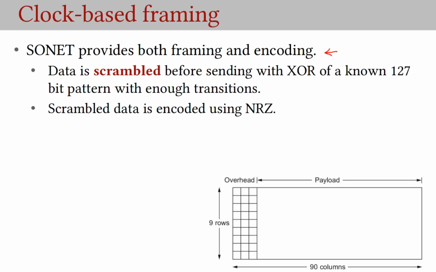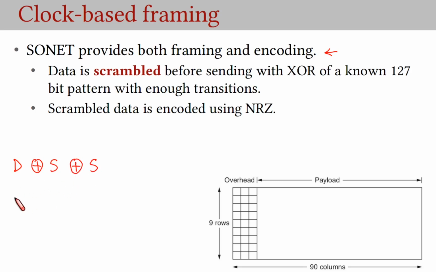The receiver recovers the message by again XORing with the same 127-bit pattern that we used for scrambling. Let's say D is the 127 bits of message, and then we XOR with this 127-bit pattern S for scrambling, and then the same 127-bit pattern is used on the receiver side.